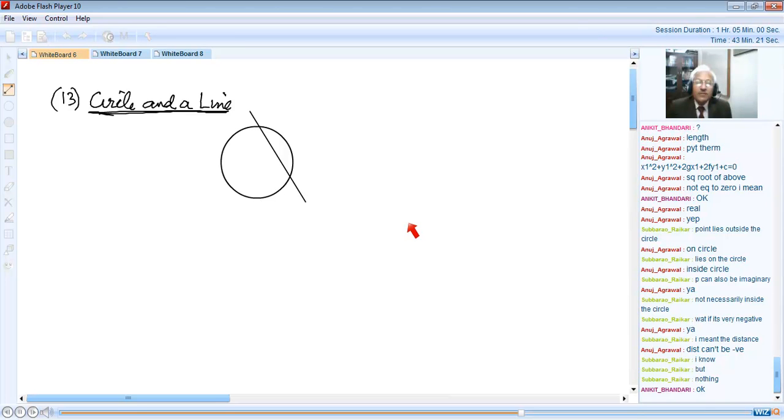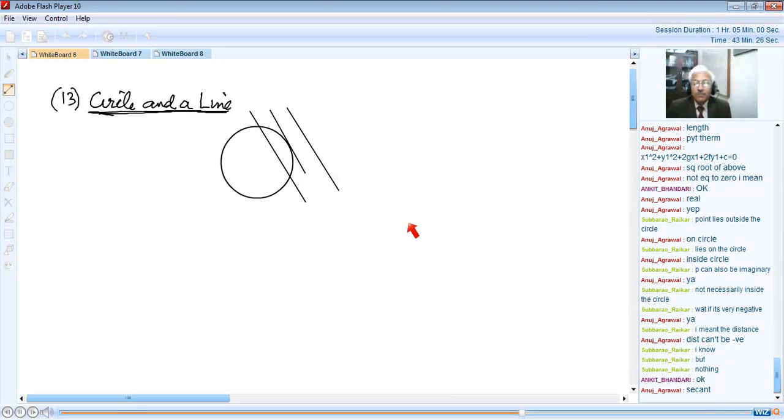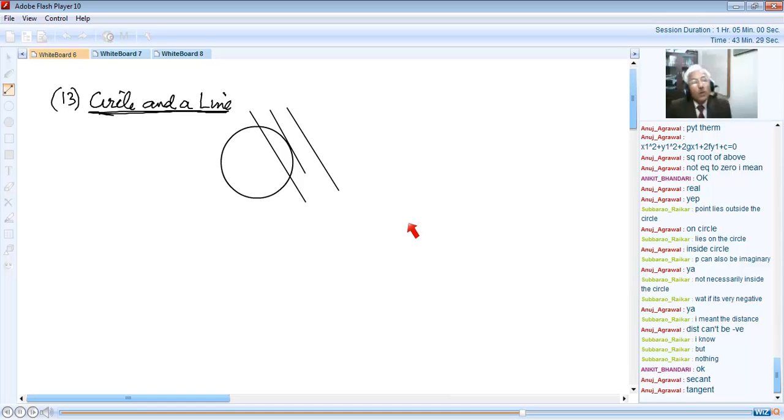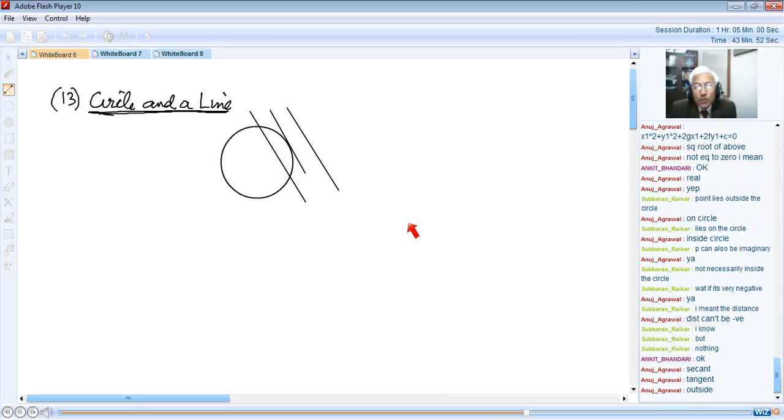Another line can be this, and another line can be this. Clear? What I am talking about is that a line can intersect a circle at most at 2 points. At most. That means it can be 0, 1, or 2. 0 points means it doesn't intersect the circle. 1 point means it is a tangent. 2 points means it is a chord or a secant.